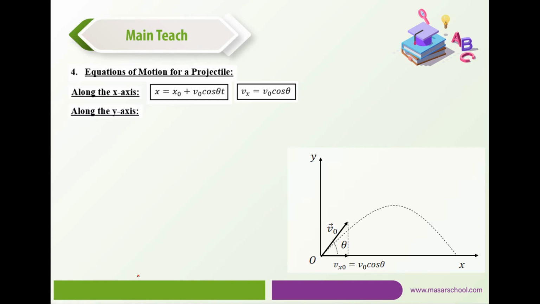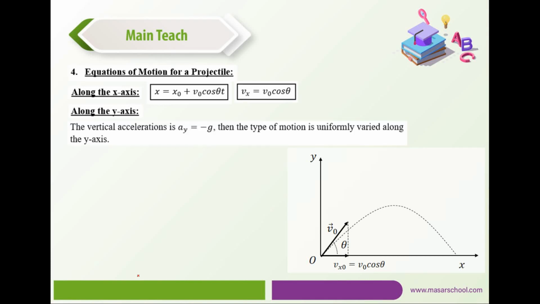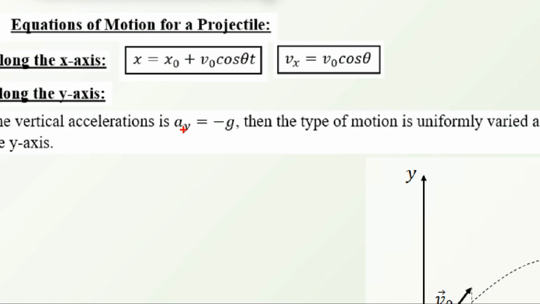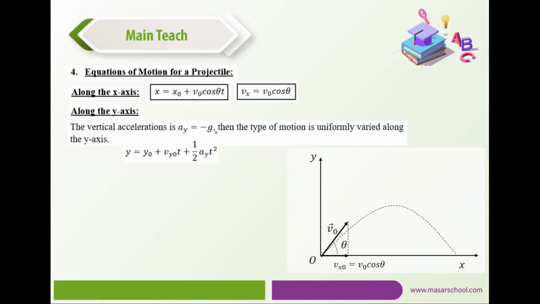Now what about the y-axis? The problem here is more complicated. The vertical acceleration ay is given by minus g, then the type of motion is uniformly varied along the y-axis. Why is it uniformly varied? Because ay is given to be a constant. Now in this case, we know that the vertical position related to time is given by y0 plus vy0t plus half ayt squared.